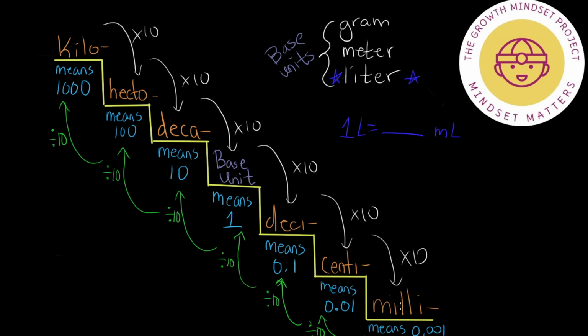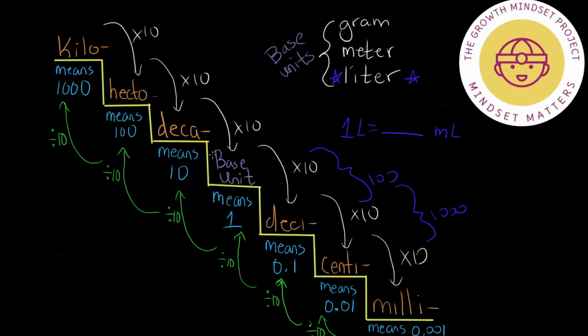Okay, so a milli is 1,000th smaller than a base unit, and you can actually see how that works out with the multiplication right here, because 10 times 10, well, that would be 100. And then if we took that 100 and we multiplied it by 10 again, we would get 1,000. So you can see how a milli is 1,000 times smaller than a base unit.